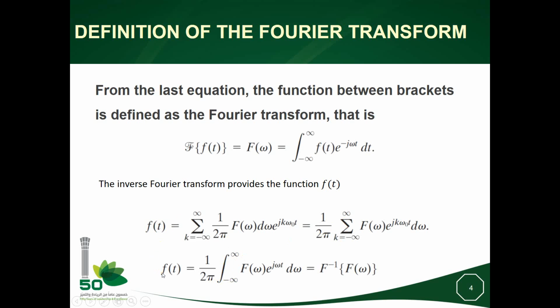So f(t) now is 1 over 2 pi integral from minus infinity to plus infinity of the Fourier transform of f(t), exponential, now you see, plus j omega t dt. So we can see it as returning back to my f by applying the inverse Fourier transform of F of omega.